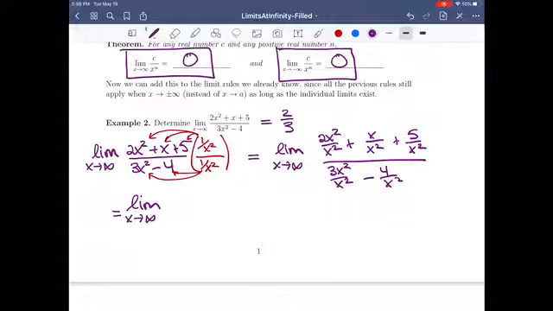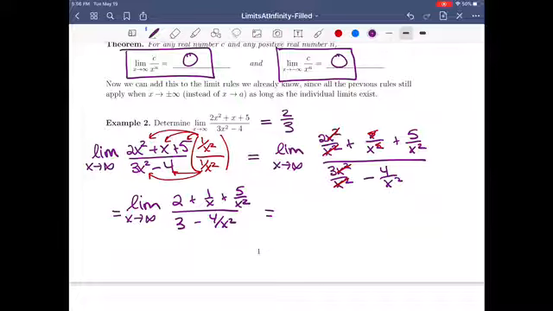The x squareds cancel in the 2x squared over x squared, same as they do for the 3 below. And when I have x over x squared, I can cancel one of the x's there as well. So I end up getting 2 plus 1 over x plus 5 over x squared, all over 3 minus 4 over x squared. Now my limit rules say as long as the bottom limit doesn't go to 0, I can put the limit to the top and the bottom, and I can actually put it through to all the terms.